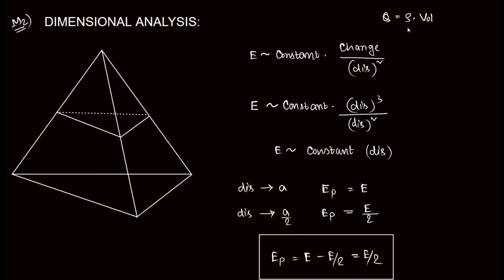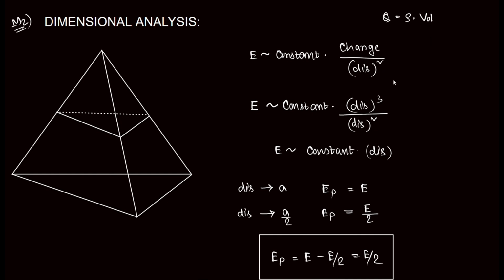Now as it is already mentioned in the question that the charge is uniformly distributed, we can say that this rho is also a constant value. So if I put charge density times volume here instead of this charge, then that rho value will also get merged into this constant value. So I am left with only this volume term.